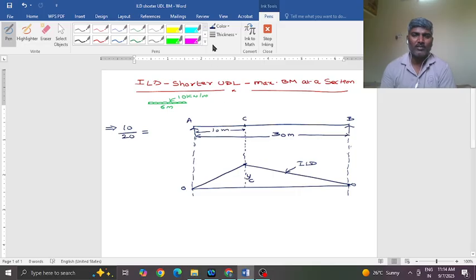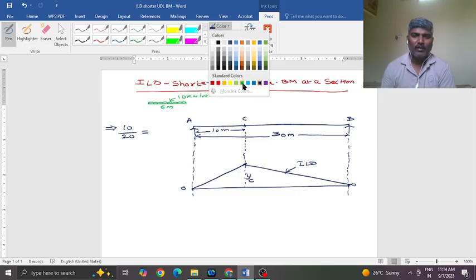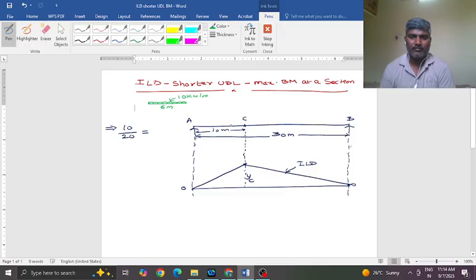So I'll place this load randomly, as I don't know where exactly it is to be placed. I'll keep some load, say x, to the left of the section, and the remaining will become 6 minus x.